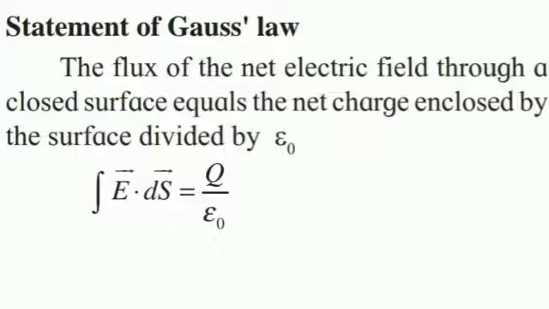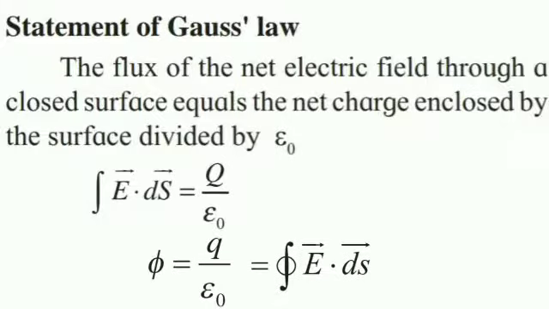Now, instead of E dot ds, as we know this is the flux, we can say that flux is Q upon epsilon naught, that is again the closed integral of vector E dot vector ds. Label this as equation number 1. This statement of Gauss's law we have seen in class 11.